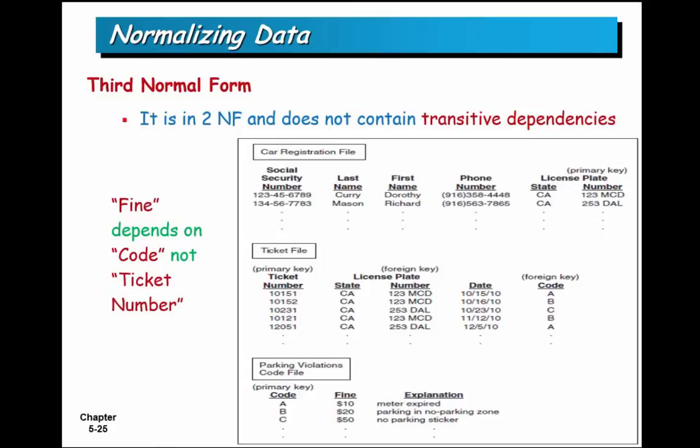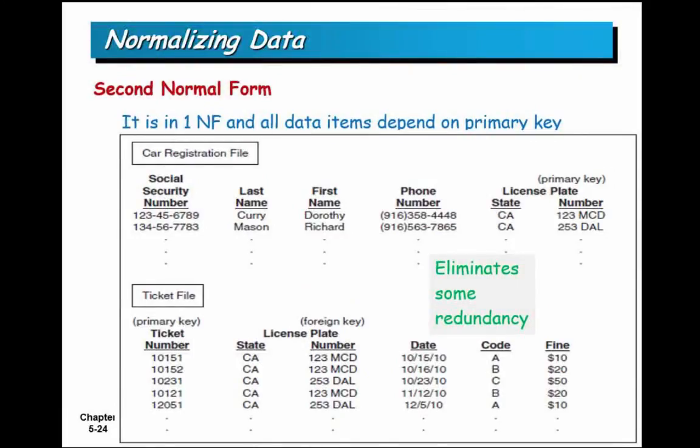So if you look at this information, you have a transitive situation. The fine relates to the ticket only through the code. So it's A therefore B, B therefore C, A therefore C. That's not right. You don't want this related to that.